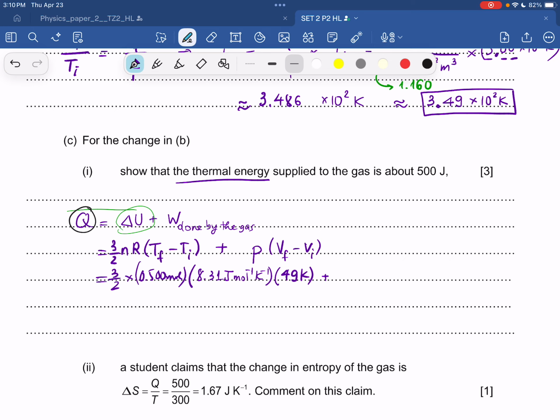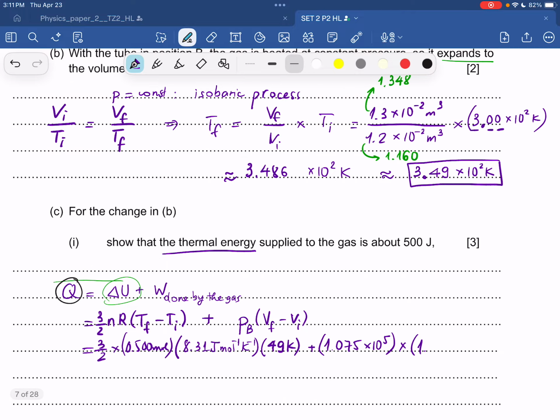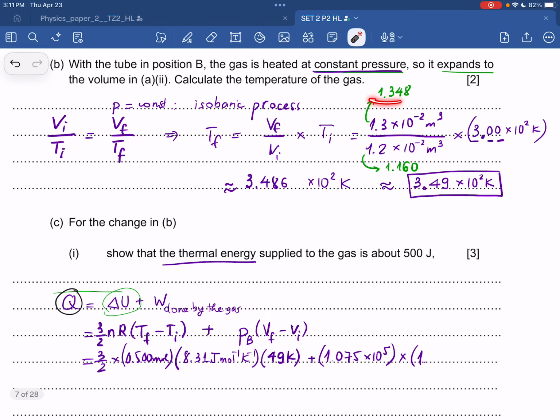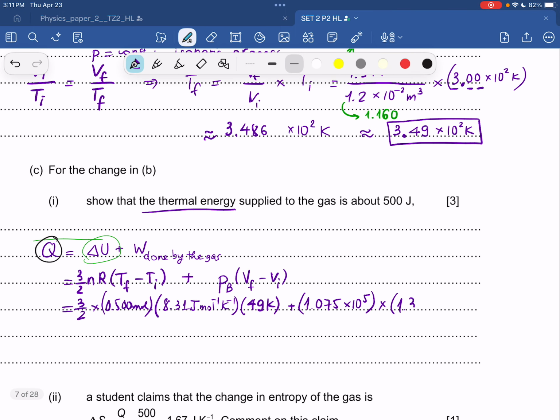Plus, with the pressure staying constant here, to be 1.075 times 10 to the 5, because that will be the pressure in B, right? That's the pressure in B. And times the change in the volume is later. That's the two values we have here from the previous finding. And you can double check it with the mark scheme.